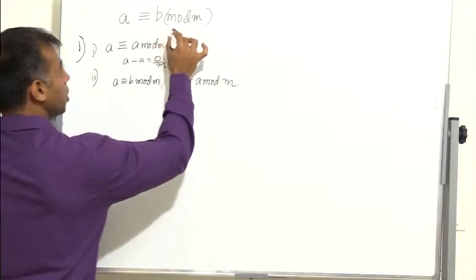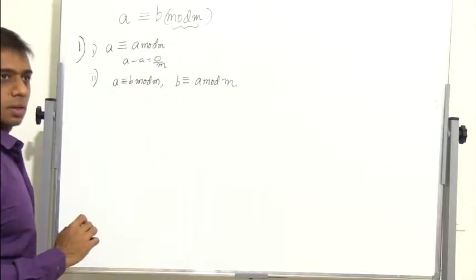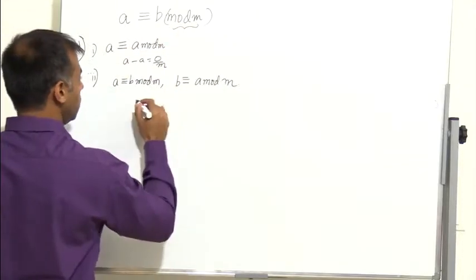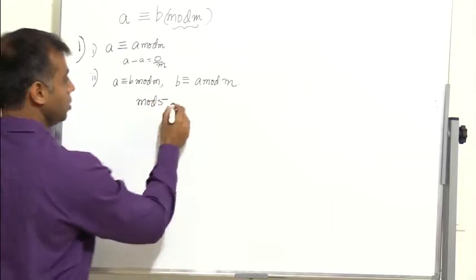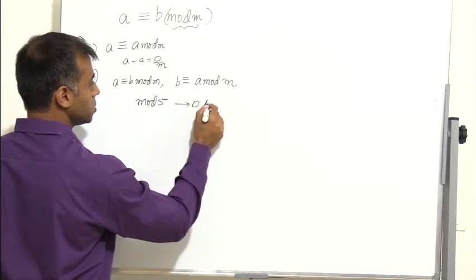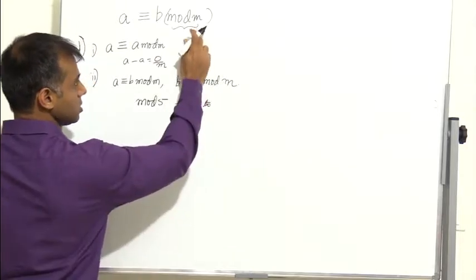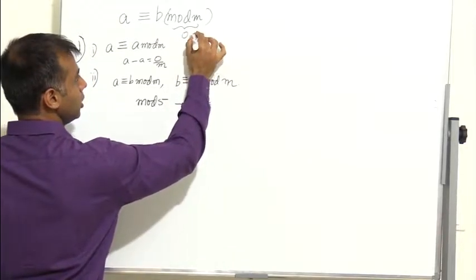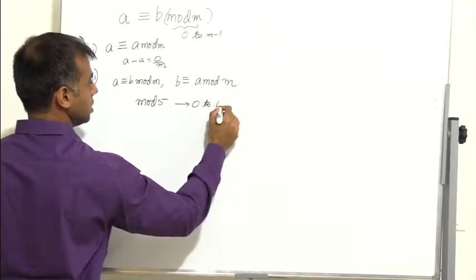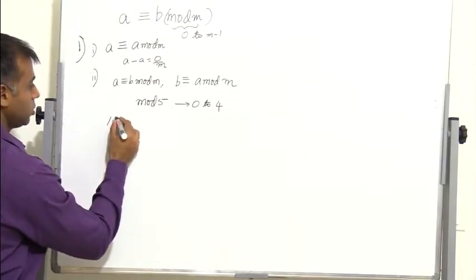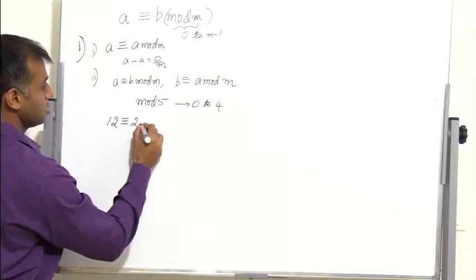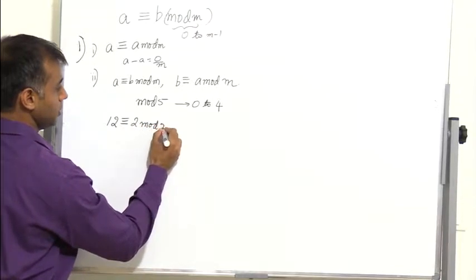Now when we talk about a mod value, if we say mod 5, then I have values ranging from 0 to m minus 1. That is 0 to 4 in this case. So if I take the example, 12 is congruent to 2 mod 5.